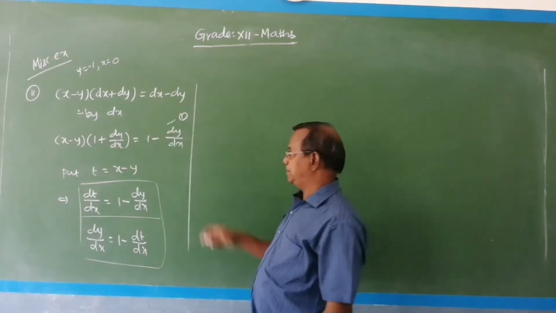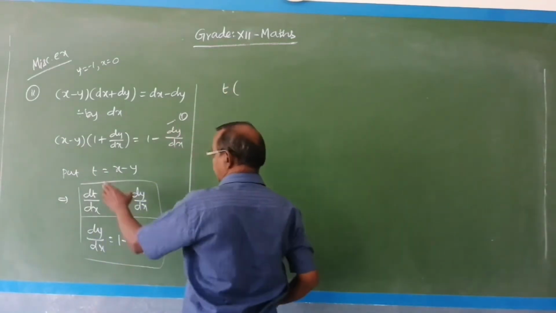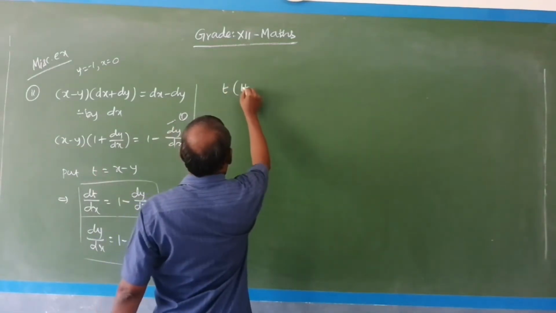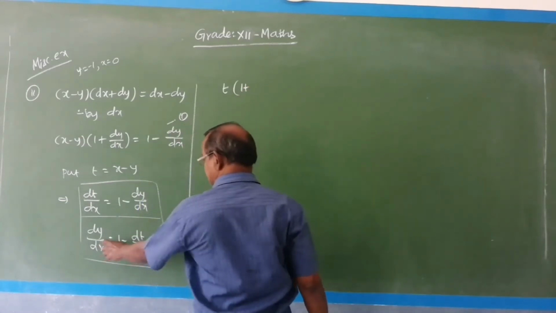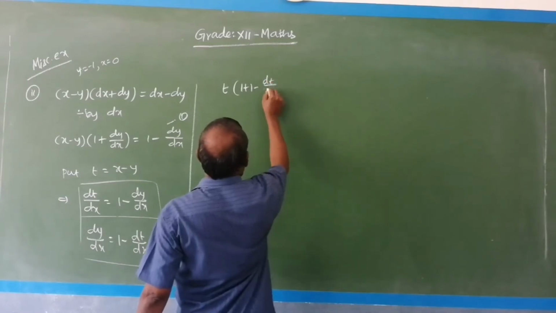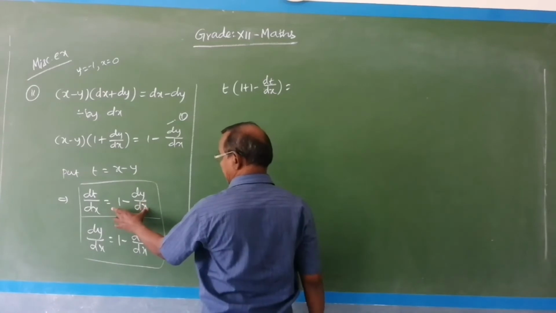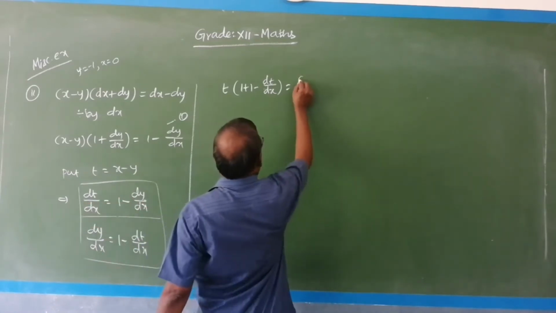Substituting in the first equation, we have x minus y equal to t, into (1 plus dy by dx), that is 1 plus 1 minus dt by dx, equal to, instead of 1 minus dy by dx, we put dt by dx.